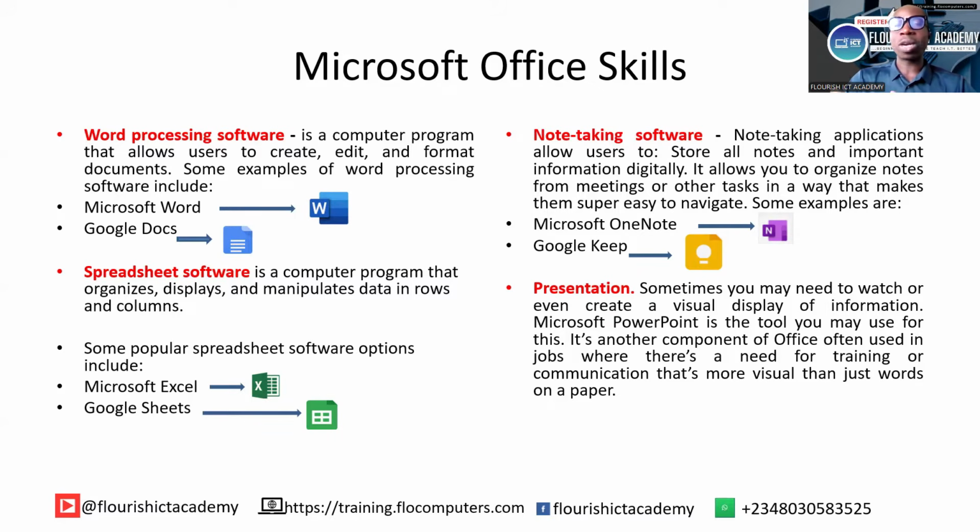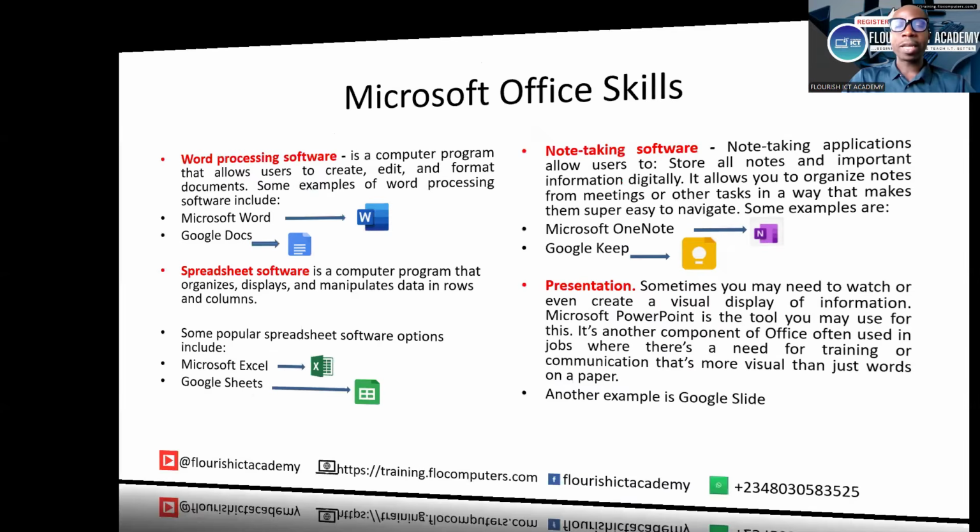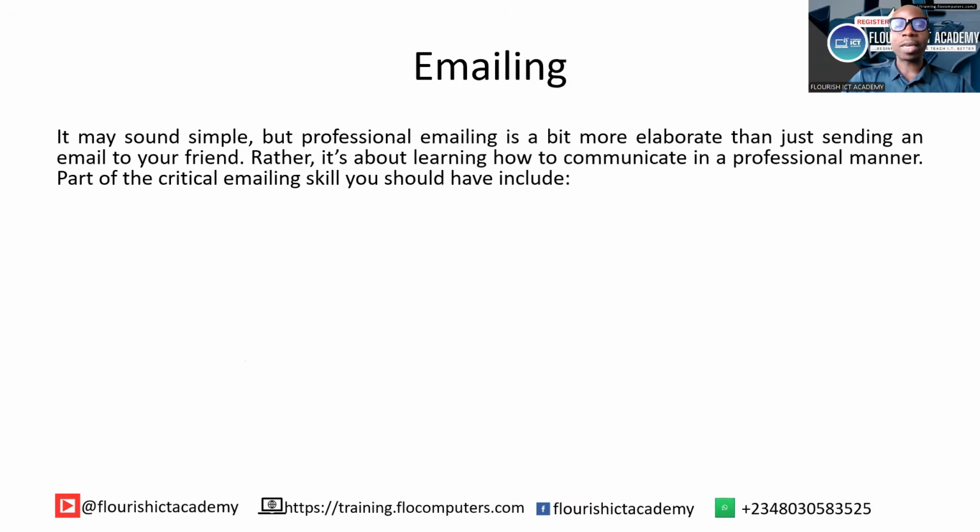Now, let's look at the second skill that we are going to discuss today, which is emailing. Okay, it may sound so simple, but professional emailing is a bit more elaborate than just sending an email to your friend or sending an SMS. Rather, it is about learning how to communicate in a professional manner.